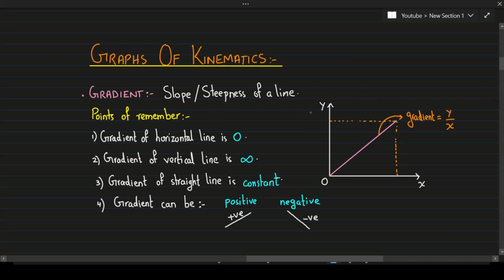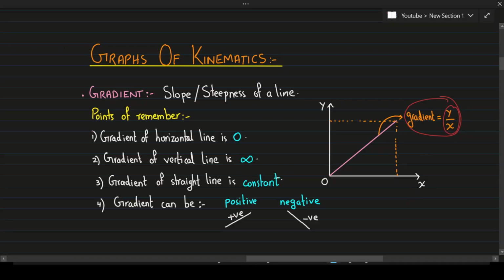If we take an example, I have drawn here a straight line, and you know that we find the gradient as rise over run. So this is rise and this is run. If we divide them, we get the gradient. That is why I've written here y upon x.